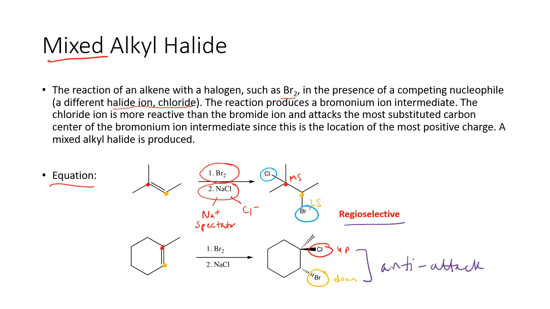They have anti-stereochemistry. So if you're using Br2 as the initial halogen, the bromo group always ends up on the least substituted side. And in this case, the chloro group ends up on the most substituted side. But they're on opposite faces, one up and one down, due to how that bromonium ion had to open up. It had to open up from anti-attack.